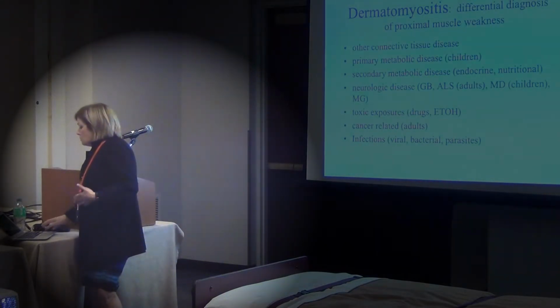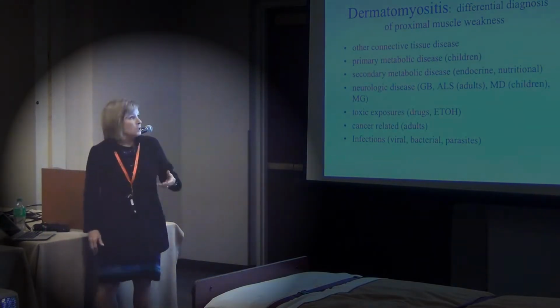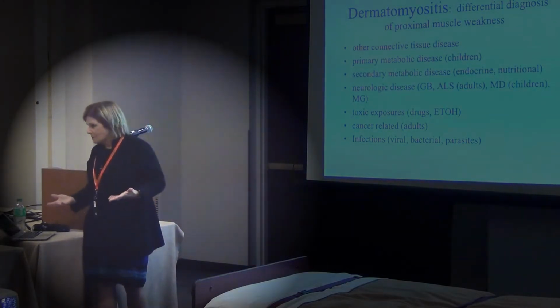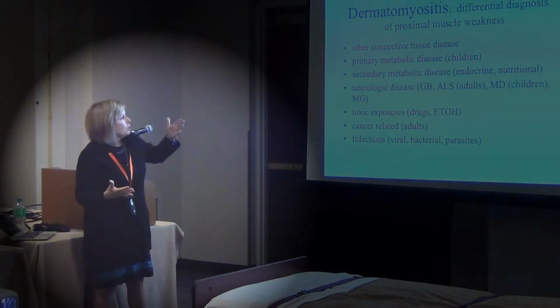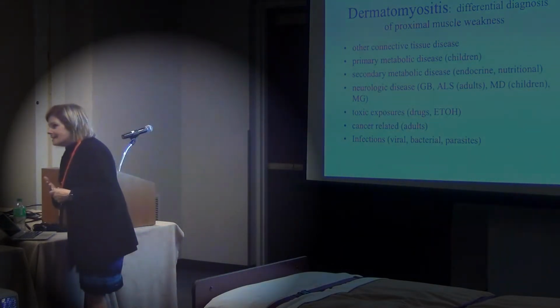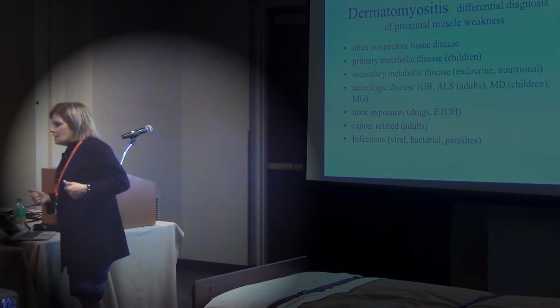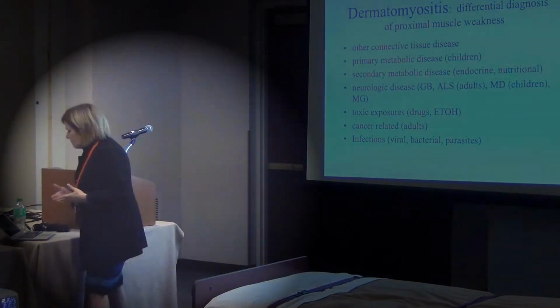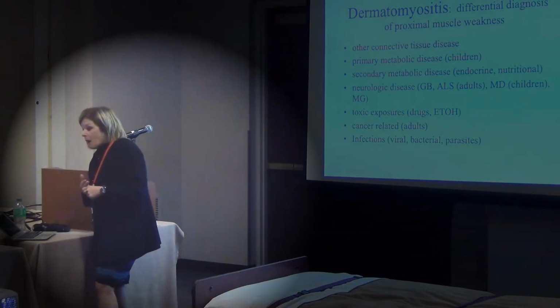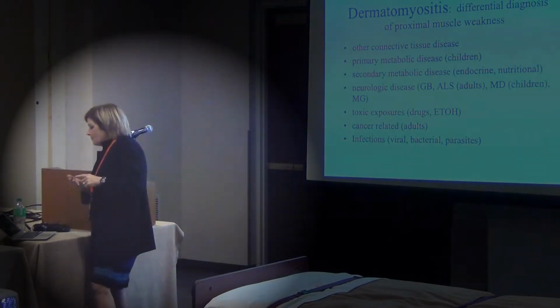The other thing we do in pediatric population particularly is you try to think what else could this have been. So I'm sure your doctors did that as a child and said, well, could you have another connective tissue disease? Could you have a metabolic disease like thyroid disease or something like that that's causing your muscles to be bothered? Could you have other nutritional problems that are causing your muscles to be bothered?